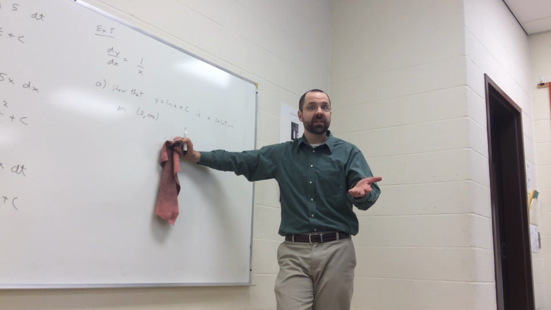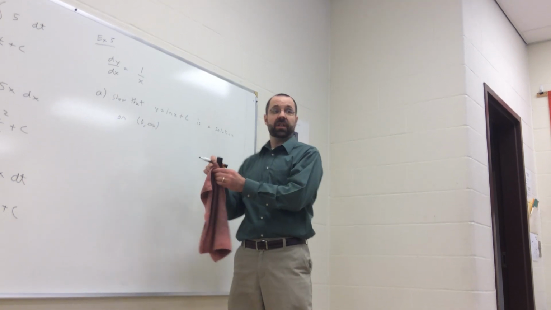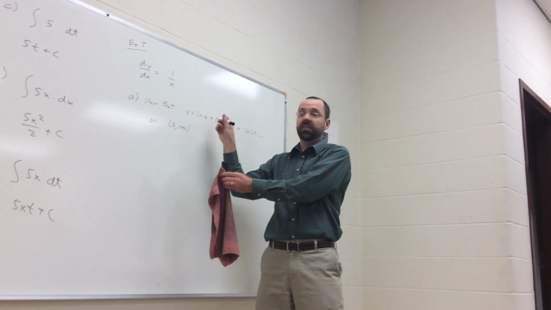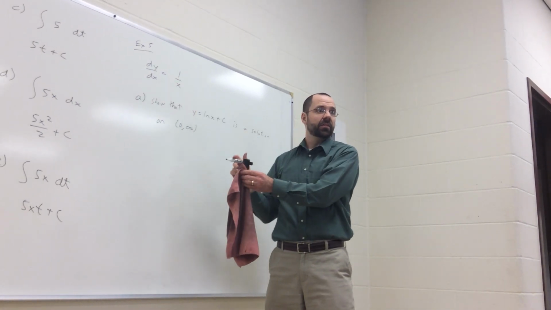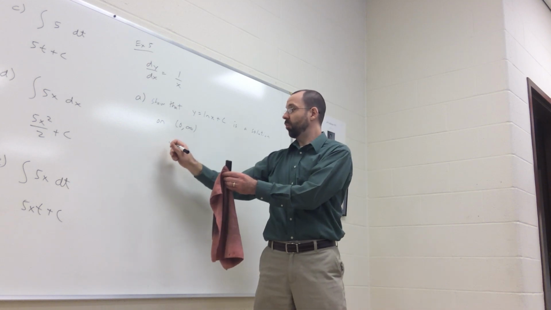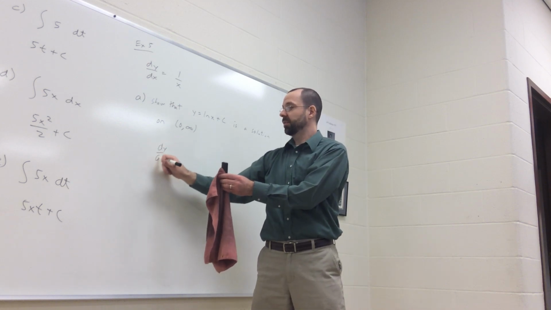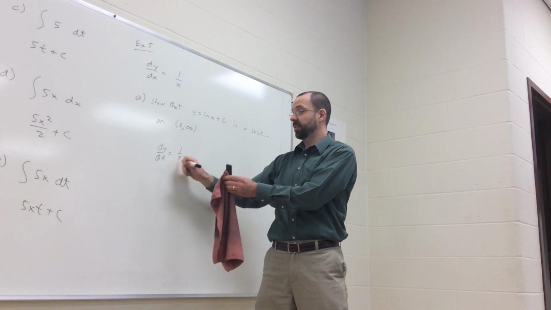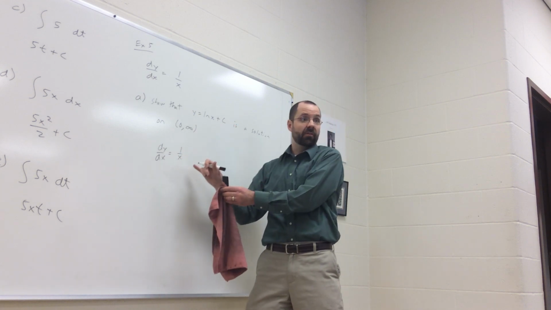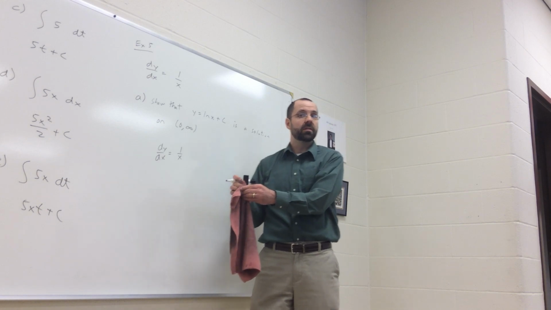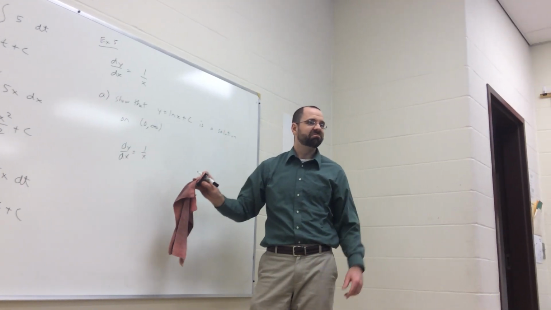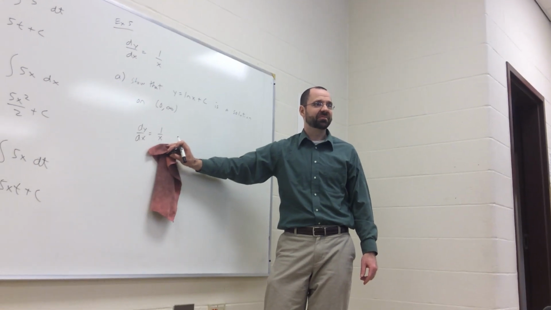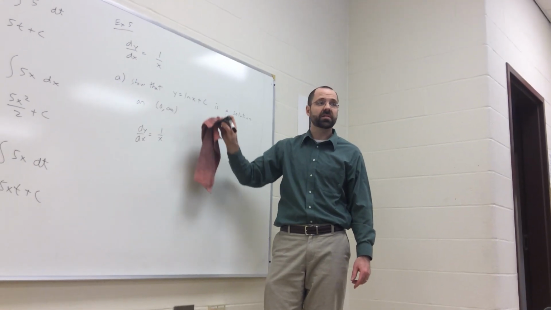Take the derivative, right? So in order to show that this is an answer, I'm going to take the derivative of it, and then hopefully I get that. So the derivative of y is dy dx. The derivative of natural log of x is 1 over x. And the derivative of c is 0, right? So this is kind of what I just said out loud, but that's right. This is a solution to this.